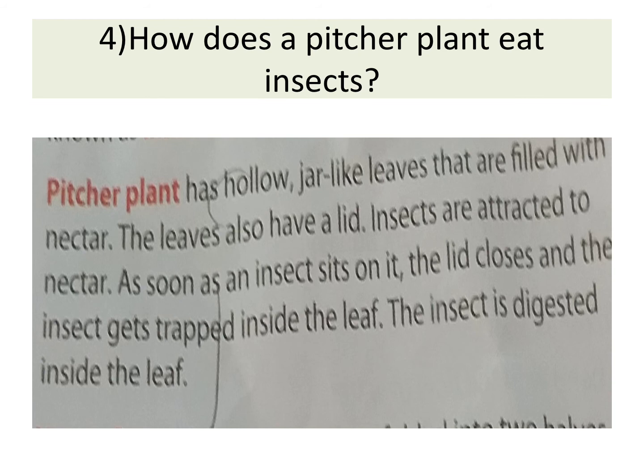Insects are attracted to nectar. As soon as an insect sits on it, the lid closes and the insect gets trapped inside the leaf. The insect is digested inside the leaf. Write this fast, children.